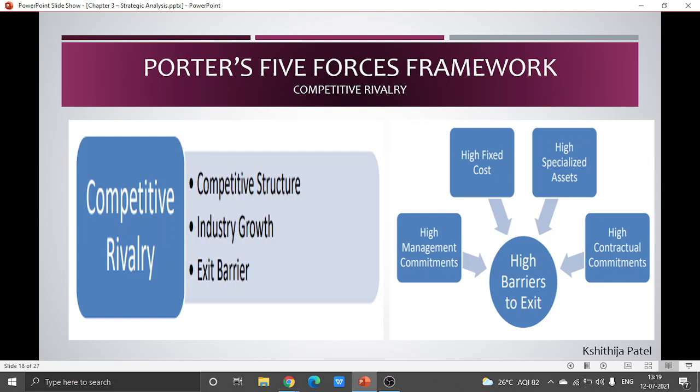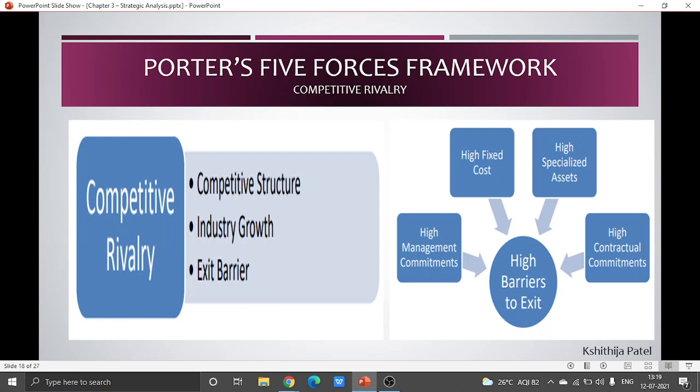What has been put up on the left hand side of your slide are the factors which affect competitive rivalry in the industry. The first one is competitive structure, the second one is industry growth, and the third one is exit barrier. Now, speaking about competitive structure, what does it mean?